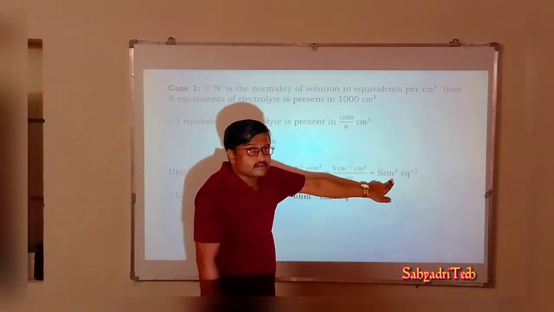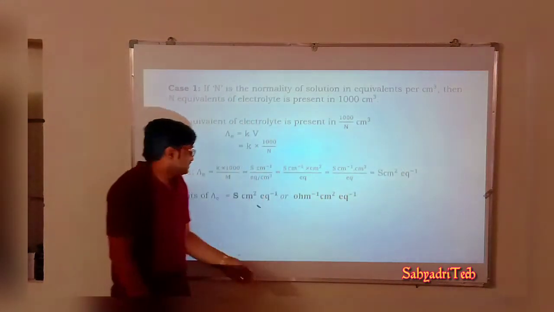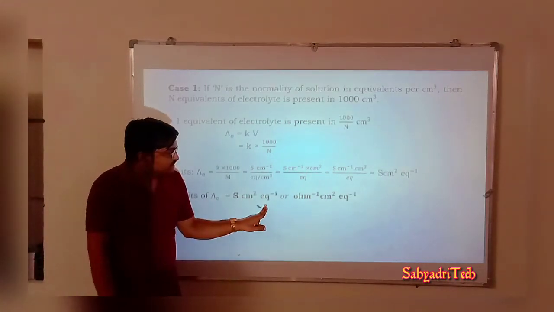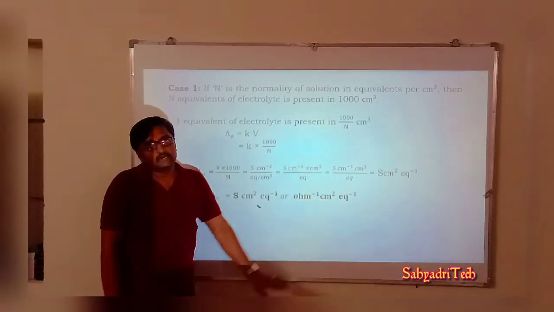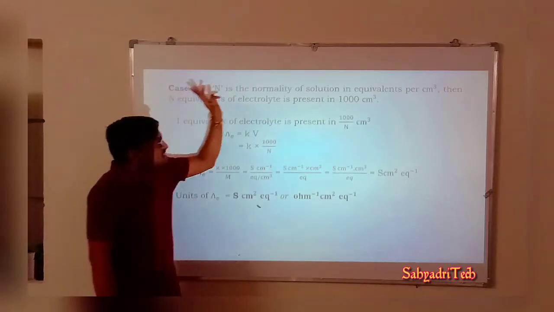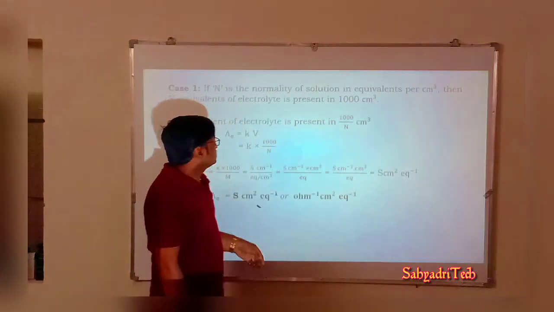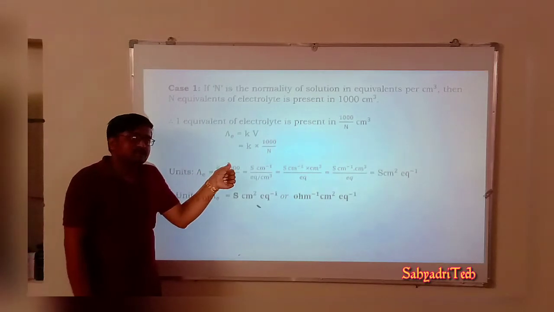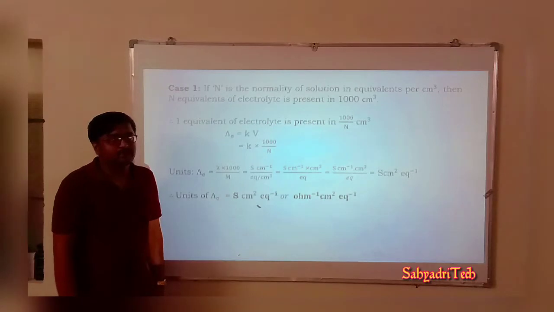Siemens centimeter square per equivalent, equivalent raised to minus 1. Siemens is per ohm, so it is per ohm centimeter square per equivalent. So overall, if normality is expressed in terms of number of equivalents per centimeter cube, then the formula is lambda E is equal to kappa into 1000 divided by N, with unit Siemens centimeter square per equivalent.